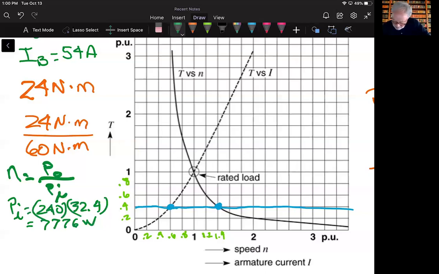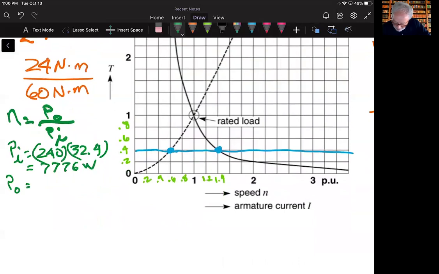The power out, we're going to use our power of a motor formula, which is the speed times the torque divided by 9.55. Again, always have these equations available to use, but I'd love for you to have this idea about this direct relationship between speed times torque and the output power.